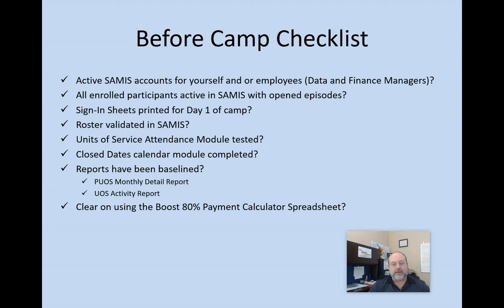That's covered in trainings, but basically you take the Units of Service Activity Report value after attendance has been run for the month and plug that value into the calculator spreadsheet, and it will ultimately tell you how much you could request for June or for July. So it's very important to understand that, and again, it is covered in trainings.